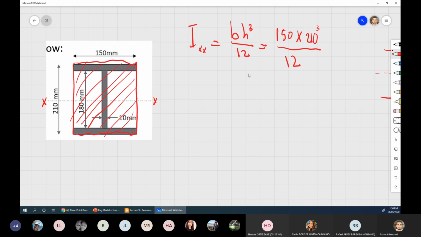Leo: And if we calculated two rectangles and just took it off. Can you explain that? Yeah, so we're still doing what you've done before, like B times H cubed divided by 12. We do the same for those two rectangles. Which two rectangles? I'm just saying the 180.